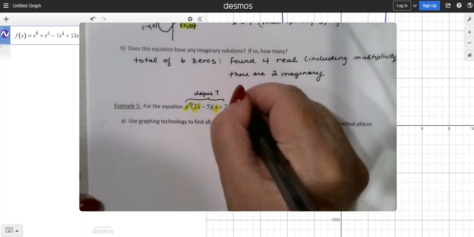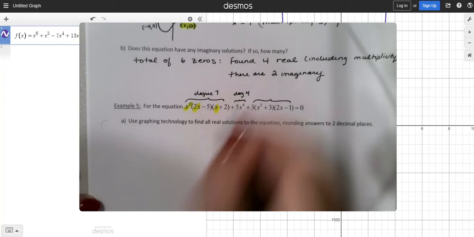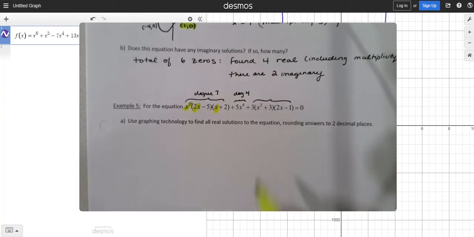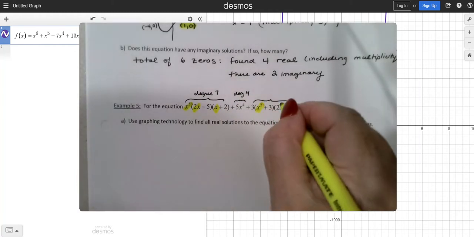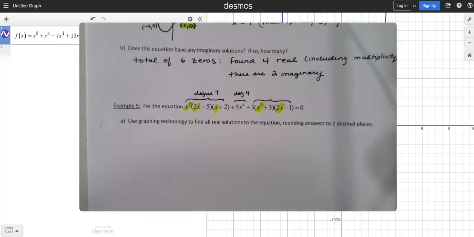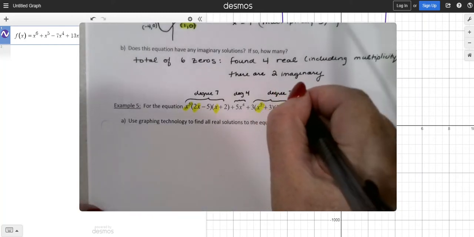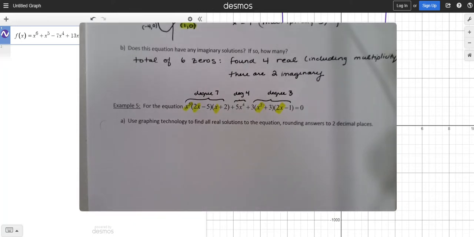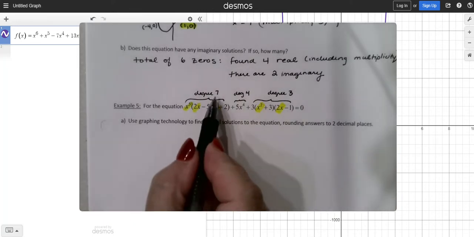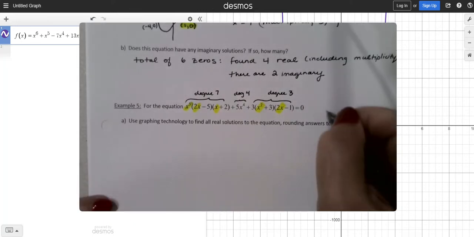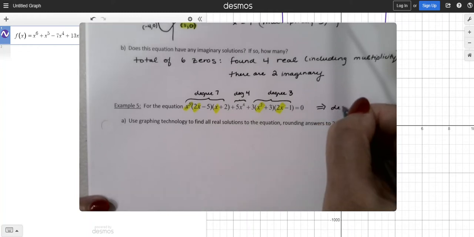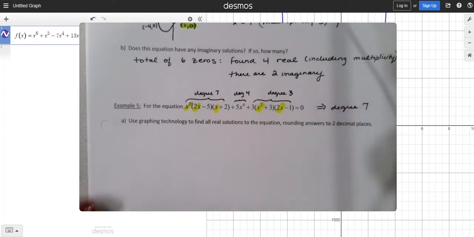This one clearly has degree 4. And this one with an x squared times a 2x, that would have degree 3. So the highest power in this whole polynomial is going to be 7. And that's really enough to know. Right? If I know that, I can do everything else.